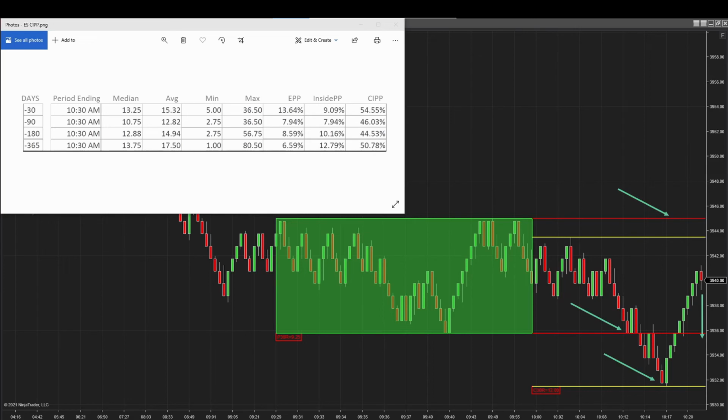Sometimes the CIPP stat can be a counter trend, because it's gone outside and the stat suggests that there might be a reversal and it goes back inside. You have to decide those things for yourself. But I'm hoping you're able to see that this can become really powerful information when you're trading.